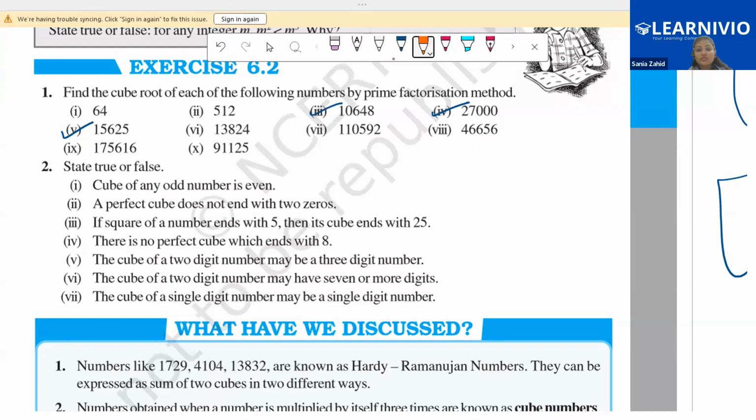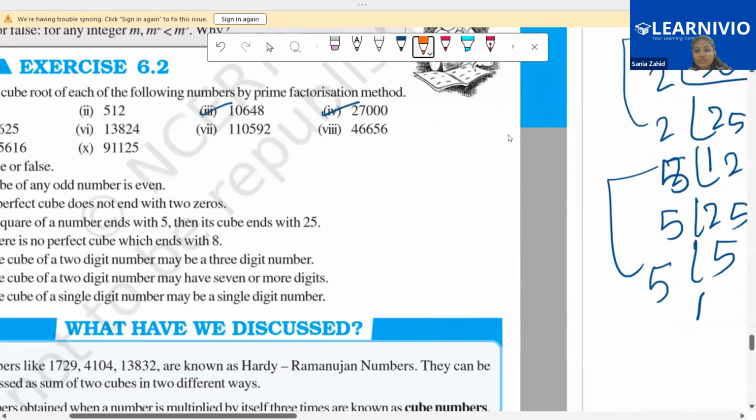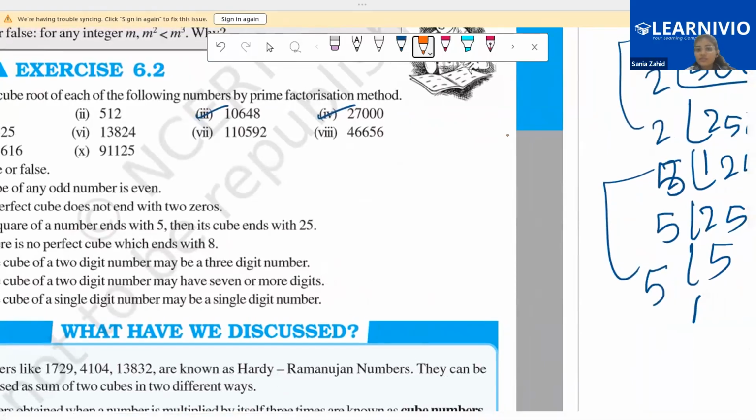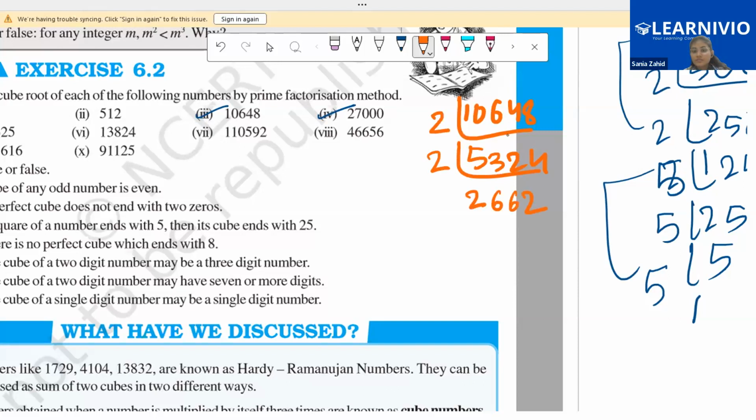First is 10648. So tell us the solution for this one, Mustafa. Yes, ma'am. 10648, that'll go by 2, 5324, and then again by 2, 2662.